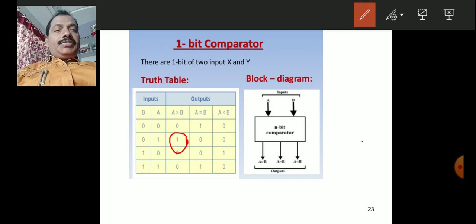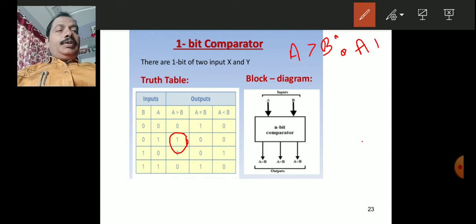That means A greater than B equals A B bar. Similarly, for A less than B, there is only one 1 at the output.